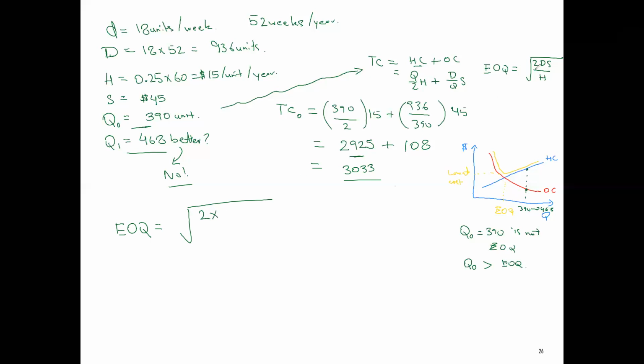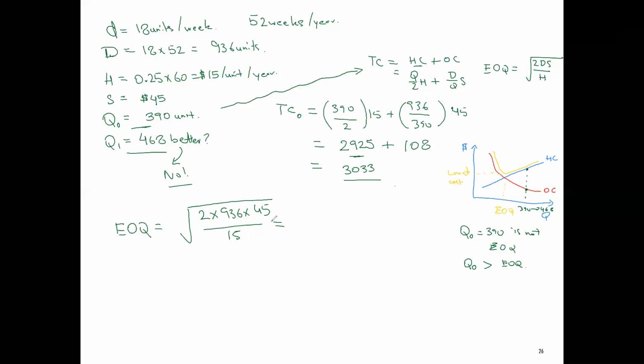So the EOQ is the square root of 2 times the annual demand times S divided by H. So 2 times demand is 936. 2 times 936 times S, which is 45, divided by H, which is 15. And this comes out to be, let me go back to my calculator. 2 times 936 times 45 divided by 15.